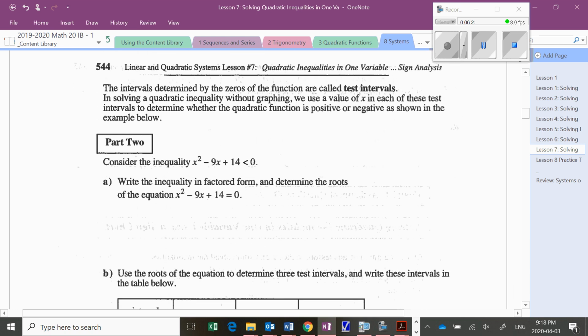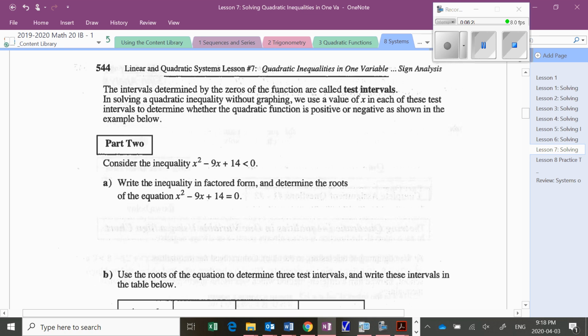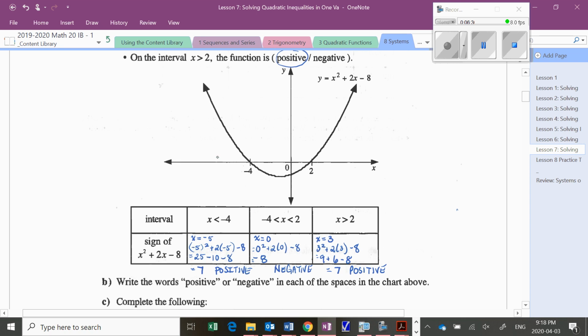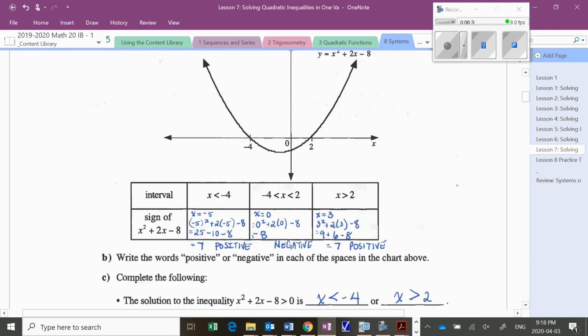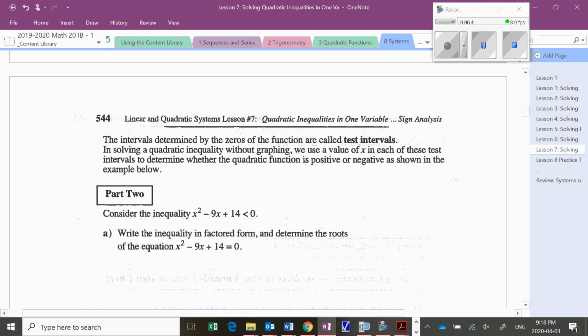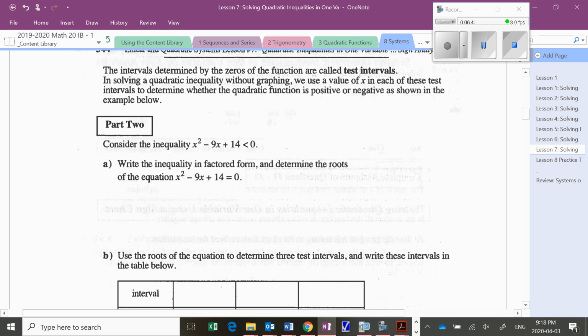Okay, so those intervals are our test intervals. That is looking at how the x-axis is essentially divided into 3 sections when we have 2 x-intercepts. Then we have our 3 sections, and those are our test intervals.